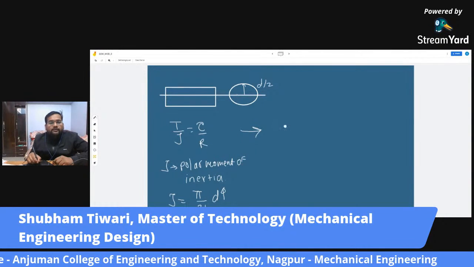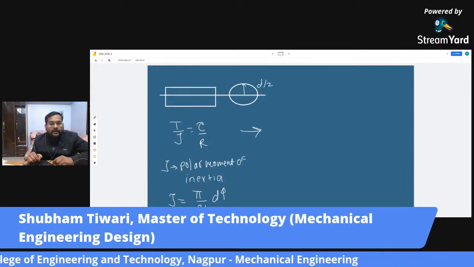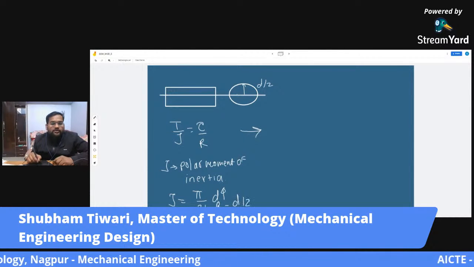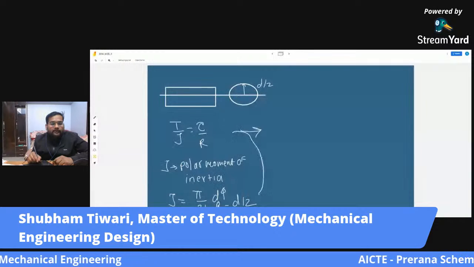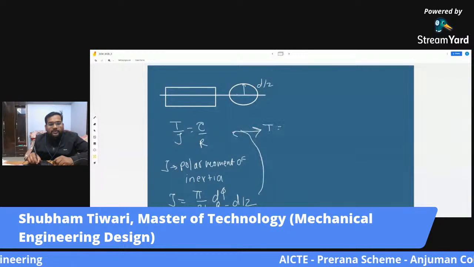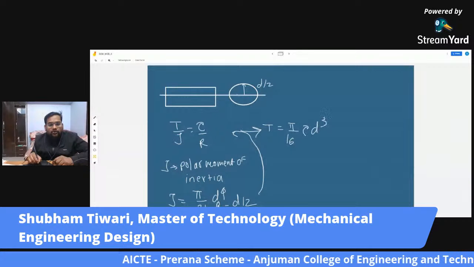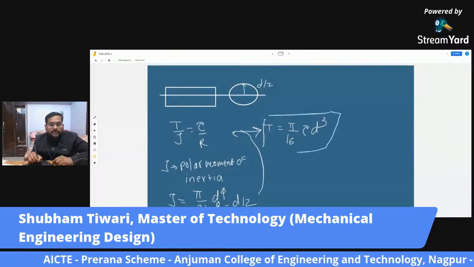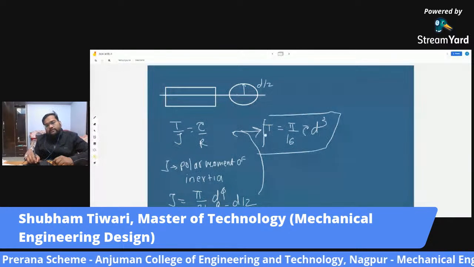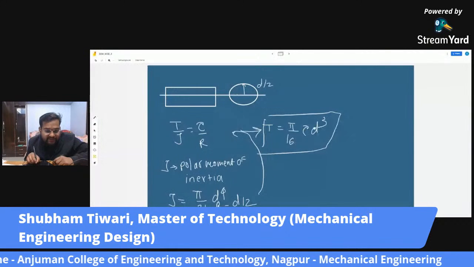The radius can be written as d by 2. Putting these two values in this equation, we get T equals pi by 16 tau d cube. This is how we can get the twisting moment as well as the torsional shear stress.